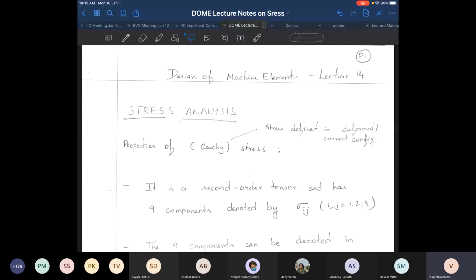Now, let us first learn a few things about stress. The concept of stress and strain, the first thing to realize is that these are defined either in the deformed configuration, or the undeformed configuration.